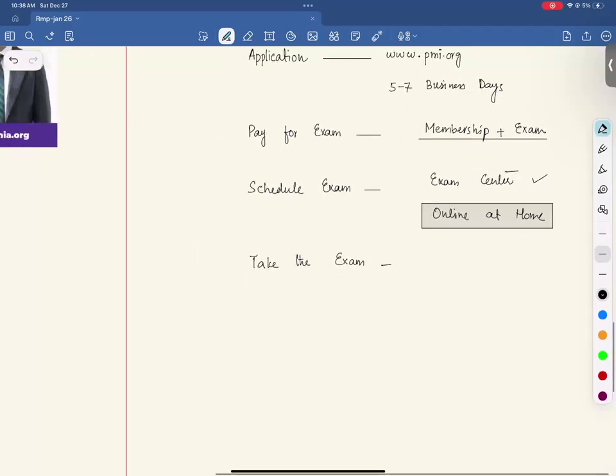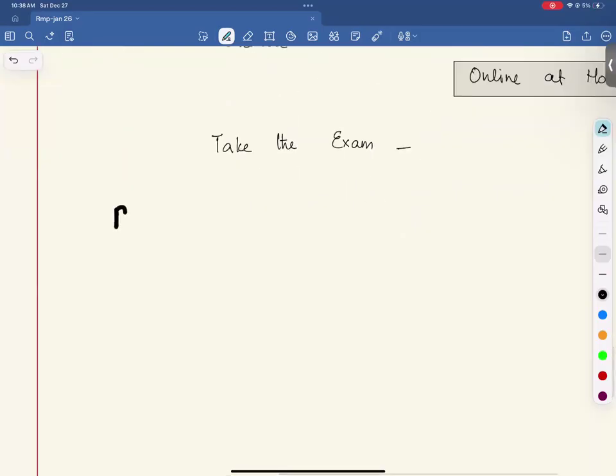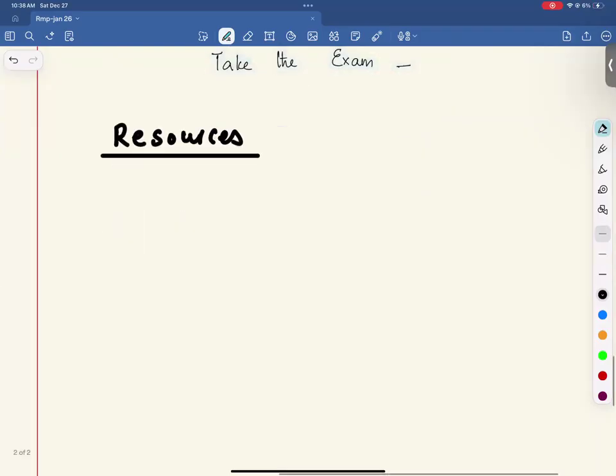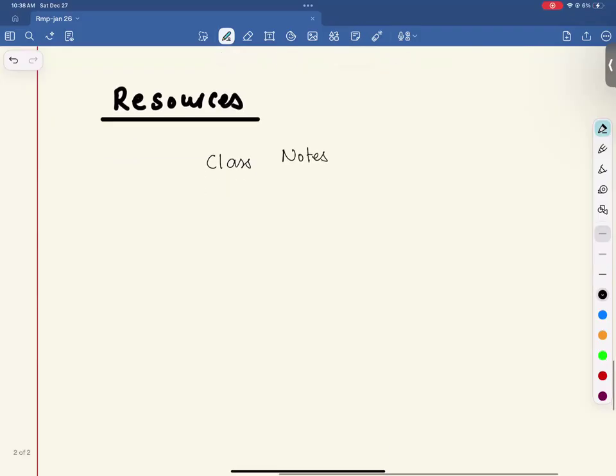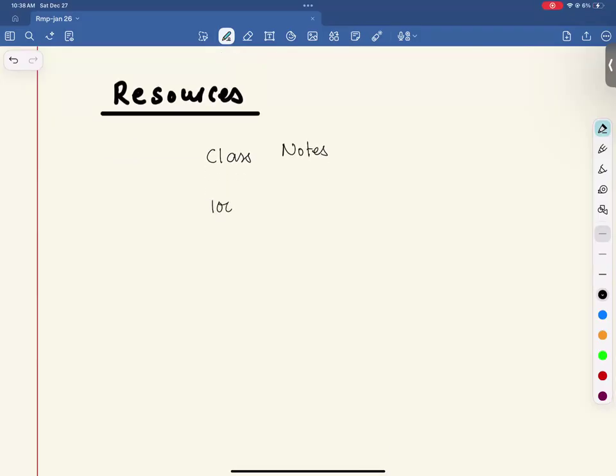Now, if I talk about the resources that you should use to prepare for the RMP exam, number one, the content that we will be discussing in class, the class notes. Second, I'll be sharing 100 PMI RMP tips with you.